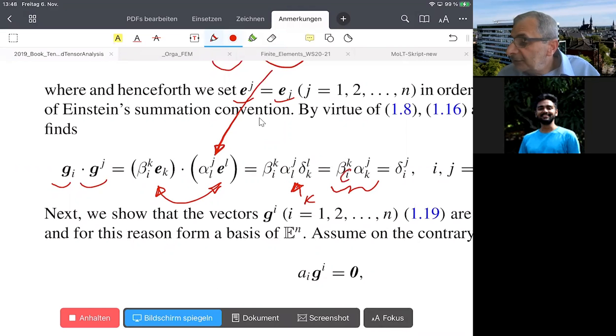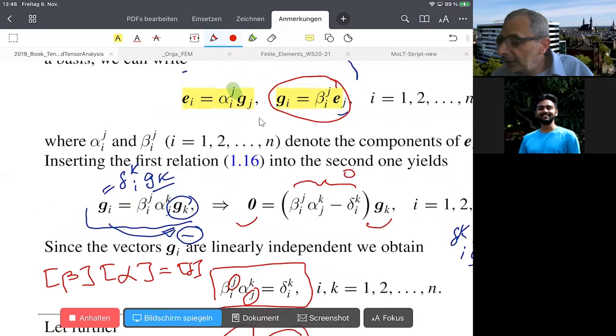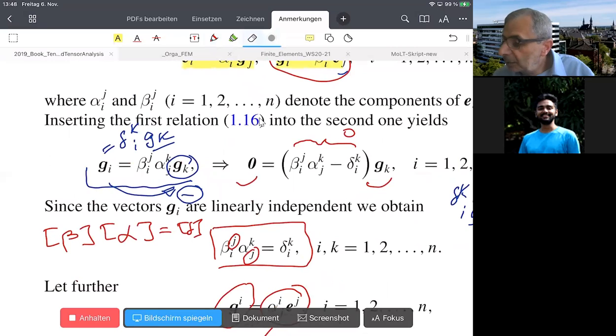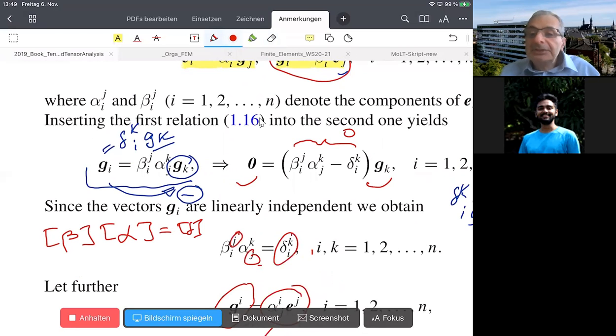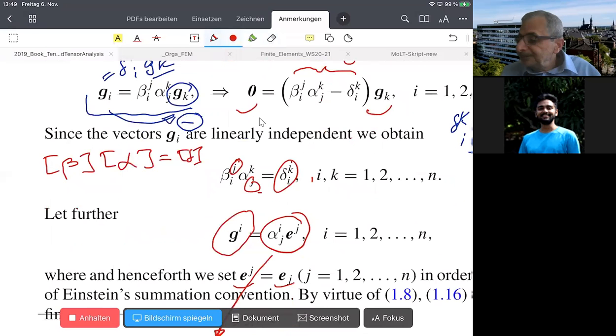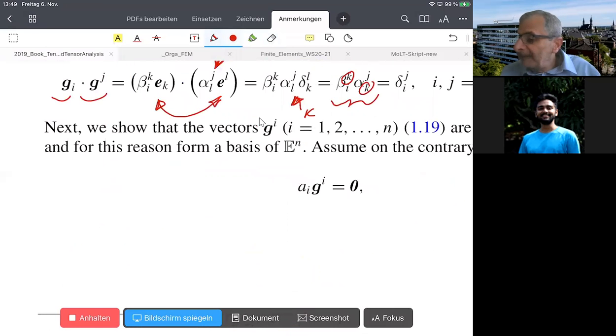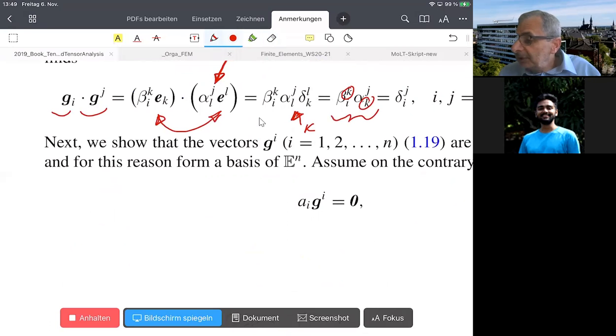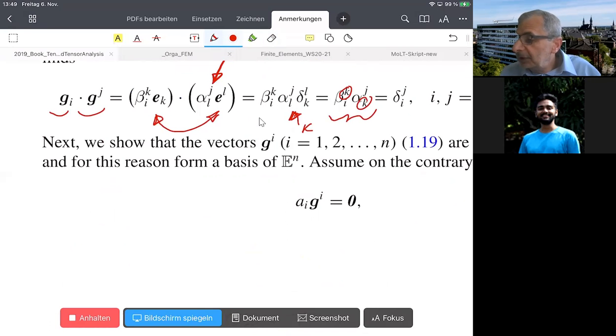you see exactly this. We have summation here over K, excuse me, exactly like before we had it here, exactly like here. Once more, I show you here and here, and the result was again the Kronecker delta. We discussed that the product of these two matrices is equal to the identity matrix, which is expressed in terms of this Kronecker delta.